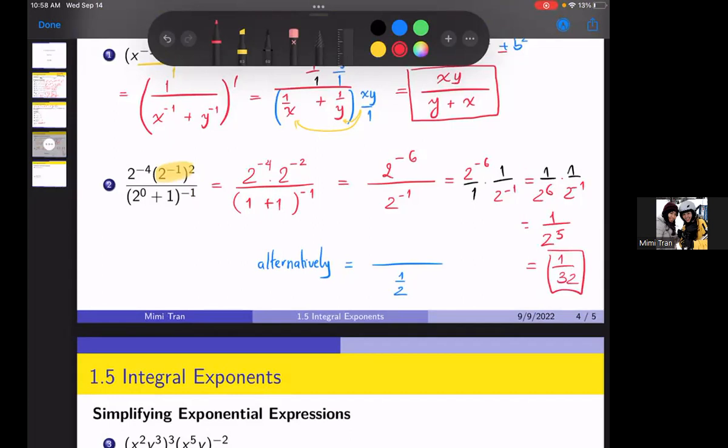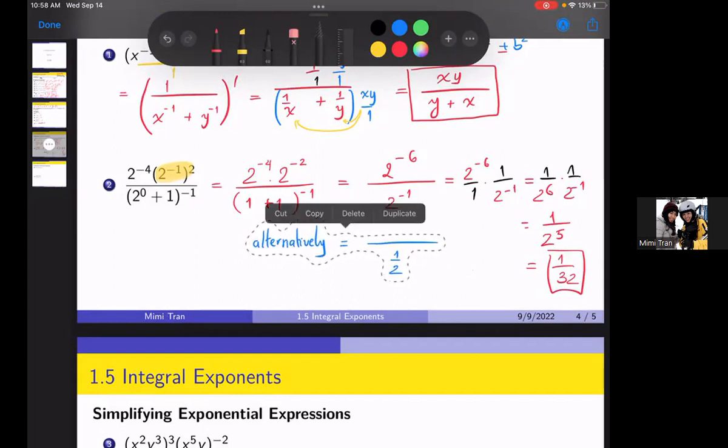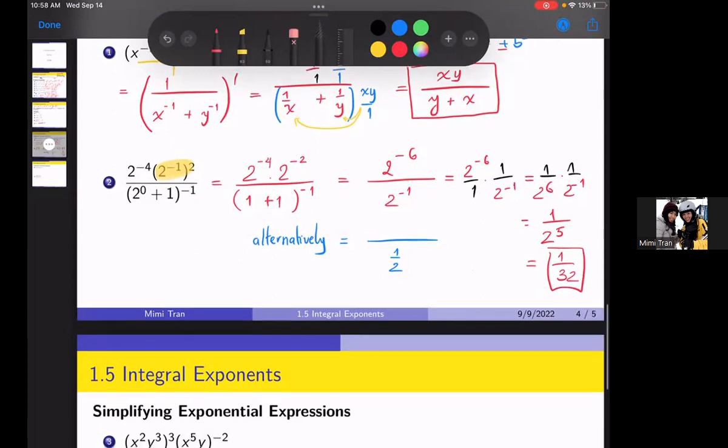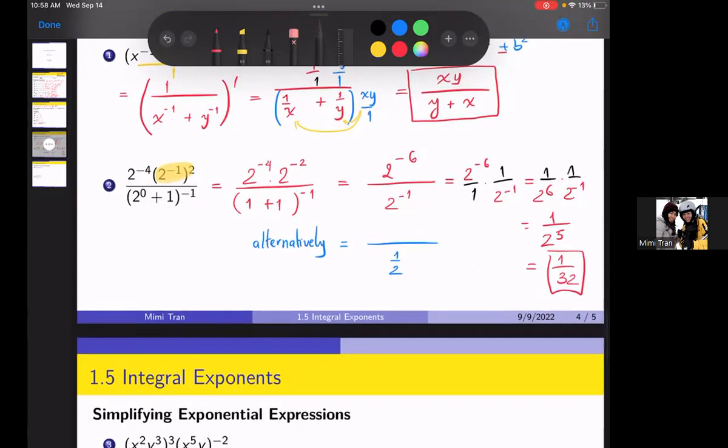I'll show you. Alternatively, you can do the same thing using fractions. What's your name again? Angela. Yeah, Angela did that. So from this step, let me move it to the left a little bit so I have room.